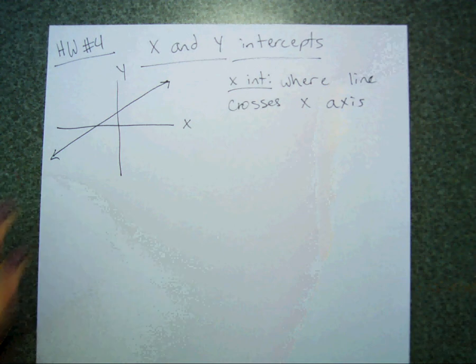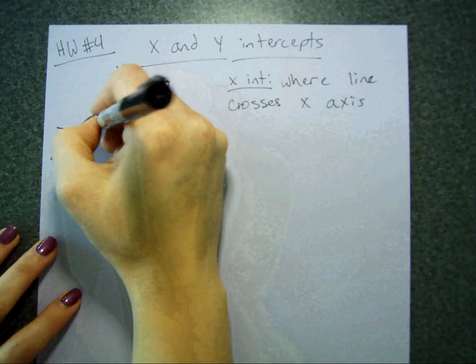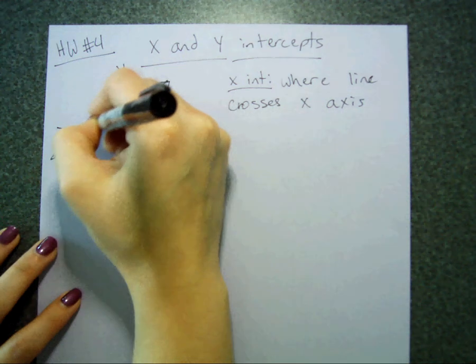It literally means where it intercepts the x, right? So right here is where my line crosses the x-axis.